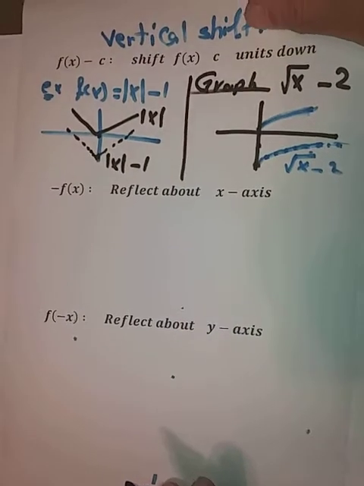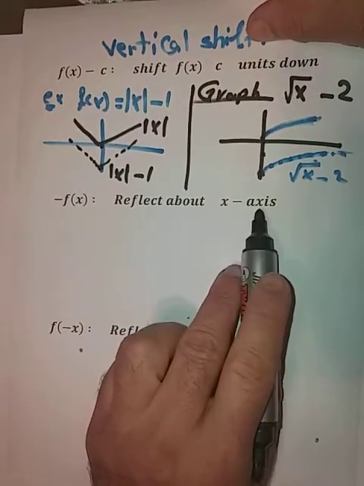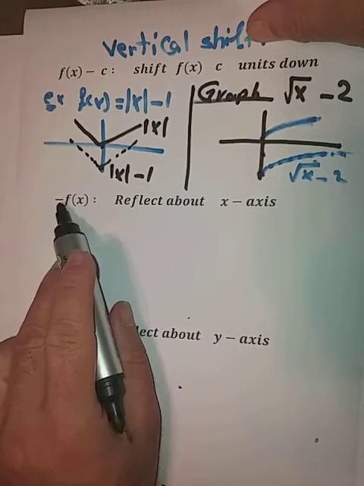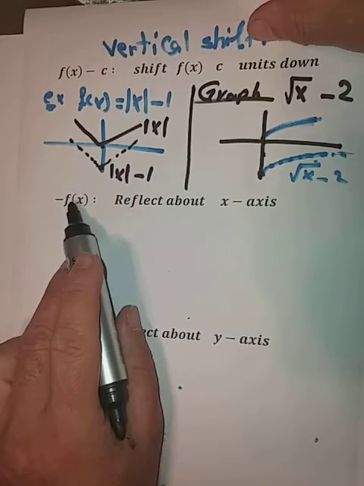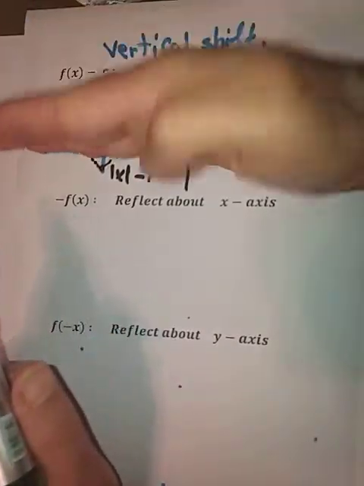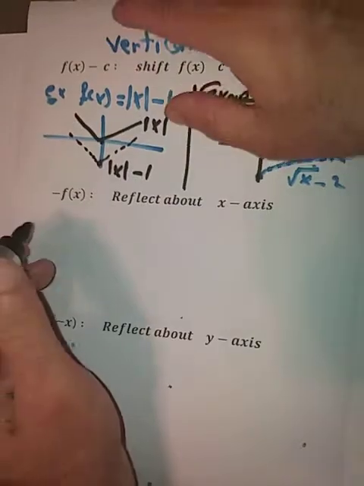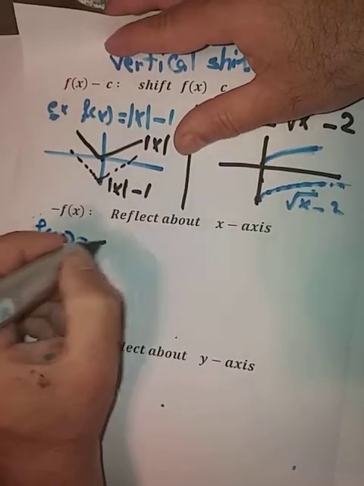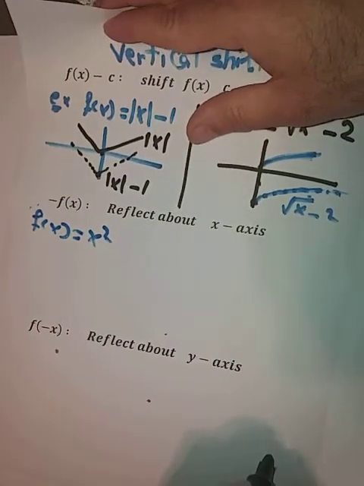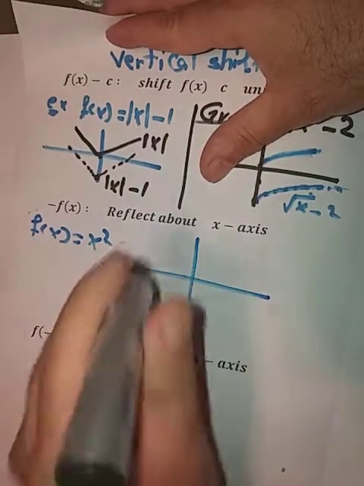Now, we have reflect about x-axis. If you have minus outside the function, outside the bracket, then reflect the graph about x-axis. Example, if you have f of x is equal to x square, then the graph of x square is this one.